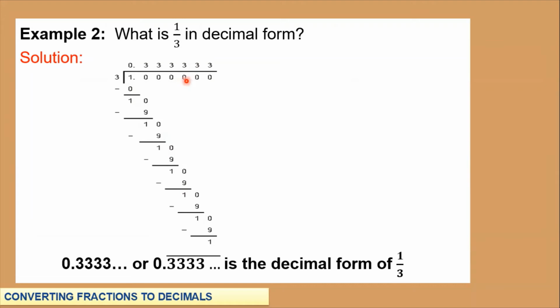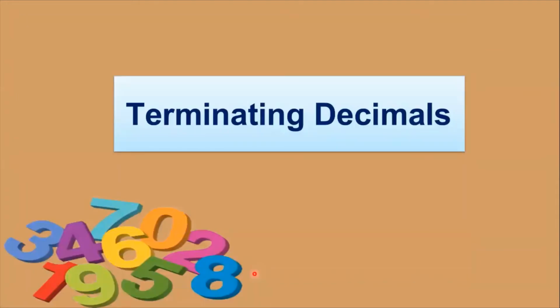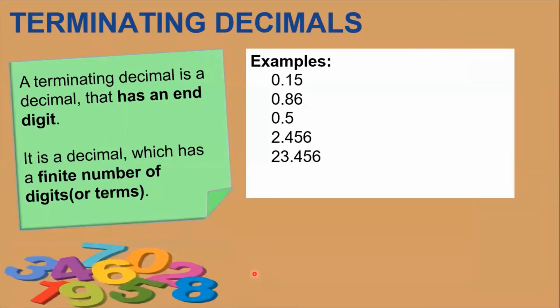So we can write it this way. The decimal form of 1/3 is 0.3333 followed by 3 dots, or the ellipsis, which means that there are numbers after the last number written, which is 3.